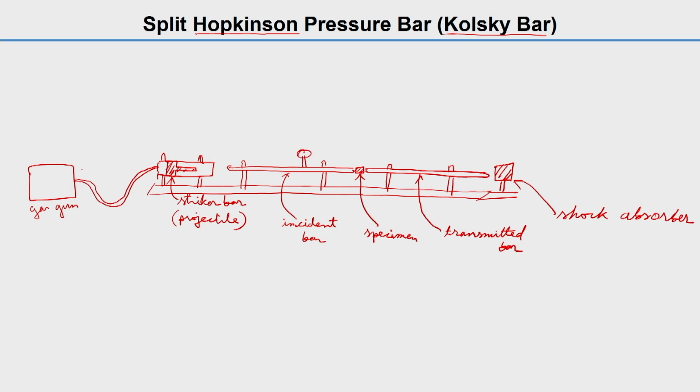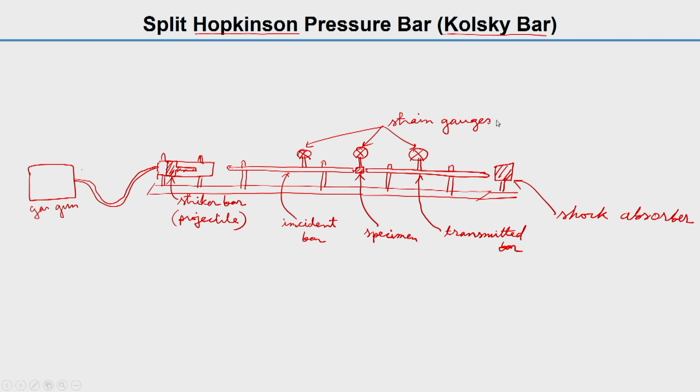Firstly, one strain gauge on the incident bar, another on the transmitted bar. There can be multiple strain gauges, by the way, in one bar. So these are strain gauges.